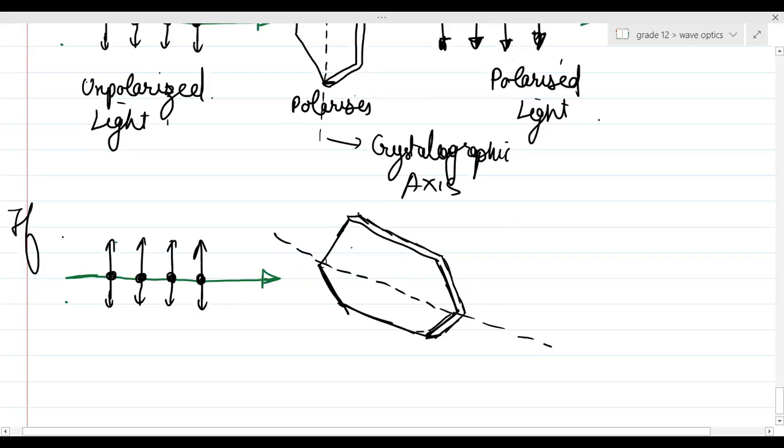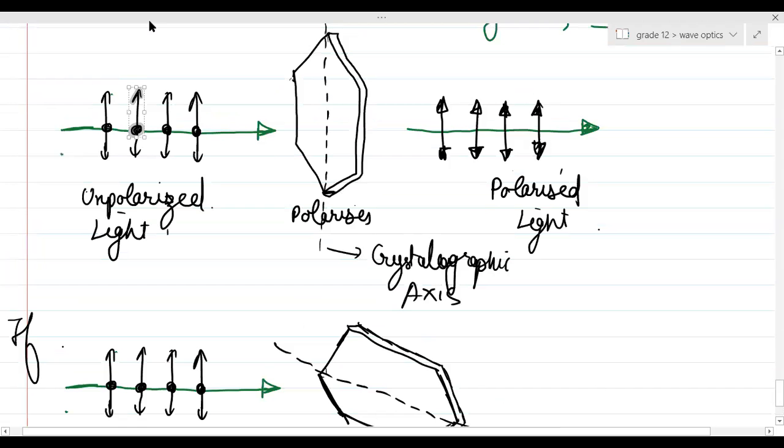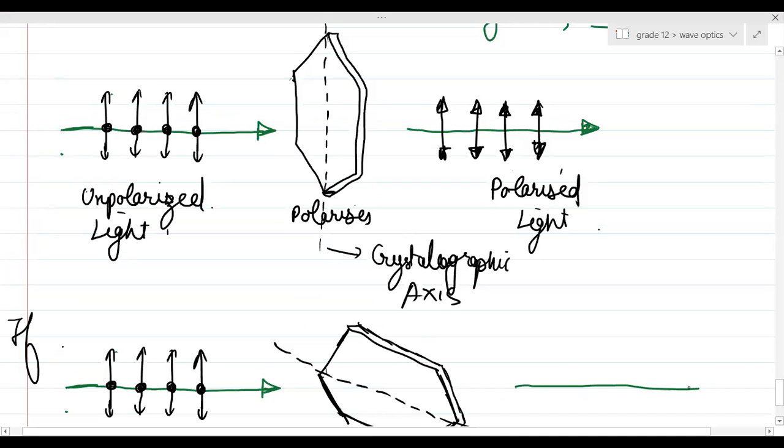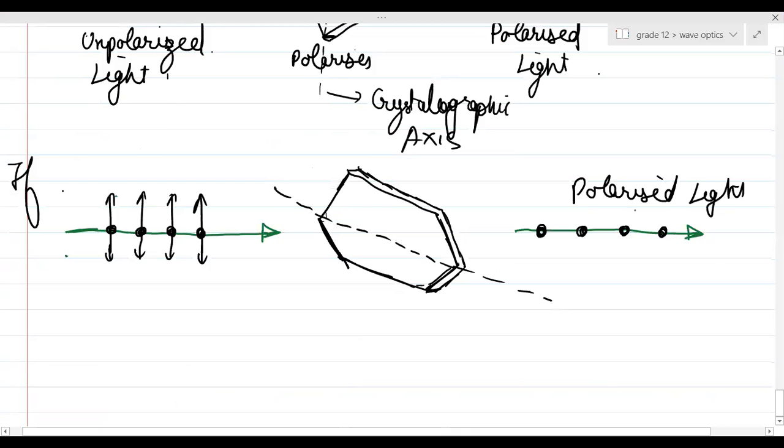It's perpendicular to the previous one, right? So here when light comes out of this polarizer, it won't be polarized like that, but it will be polarized like this. Let me just draw it. Okay, so this is also polarized light, but can you see only those vibrations remained which were parallel to the crystallographic axis.